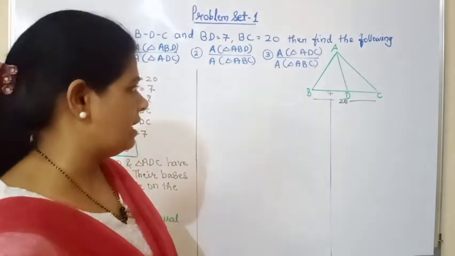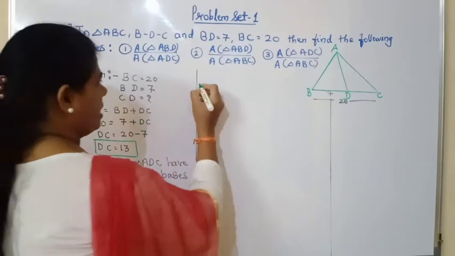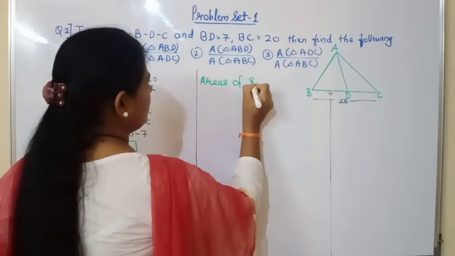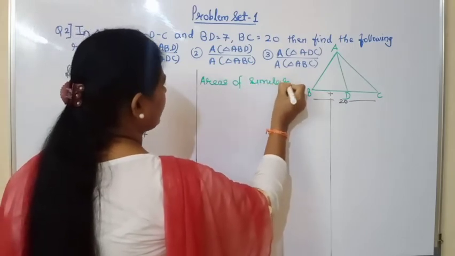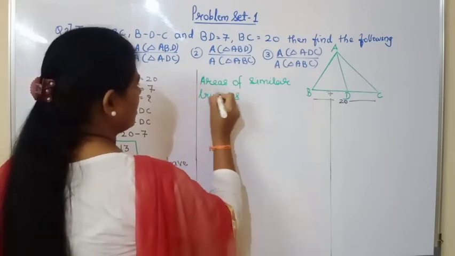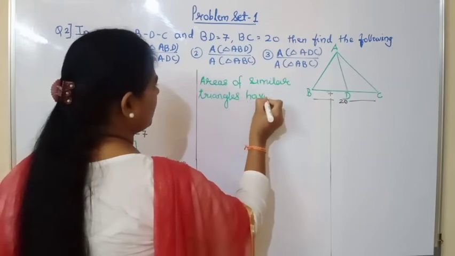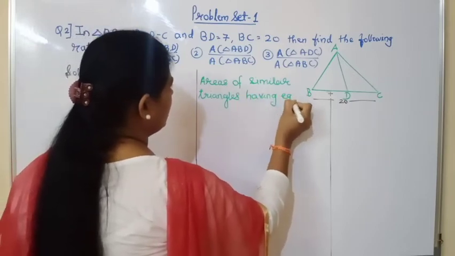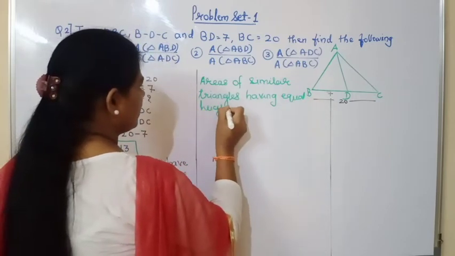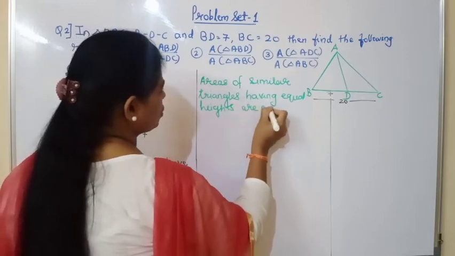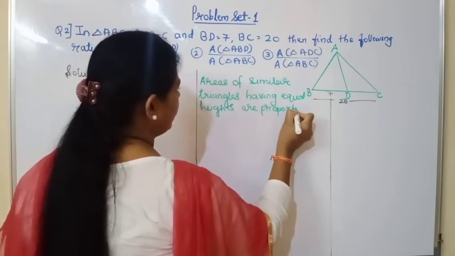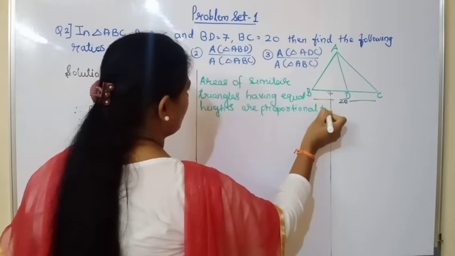So we'll write that statement now here: the areas of triangles having equal heights are proportional to their corresponding bases.